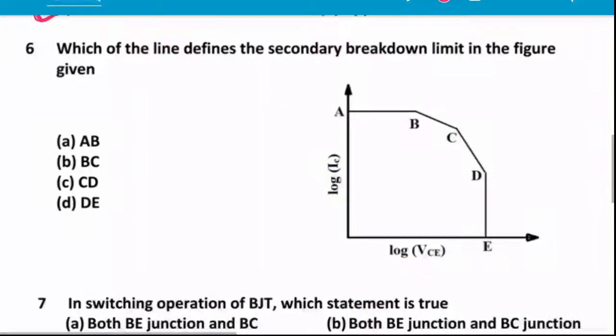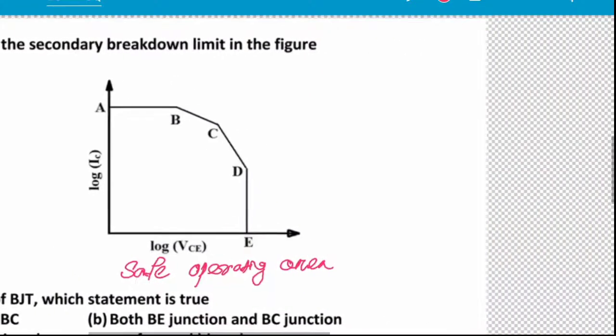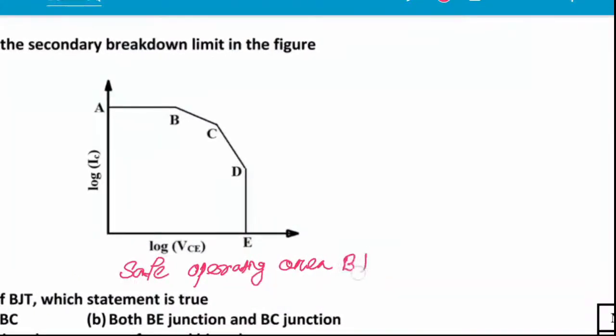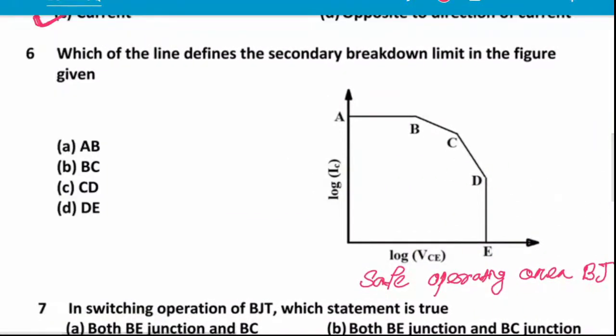Which of the lines defines the secondary breakdown limit in the figure given? What is the figure? Here is the safe operating area for BJT. There are two safe operating areas given.